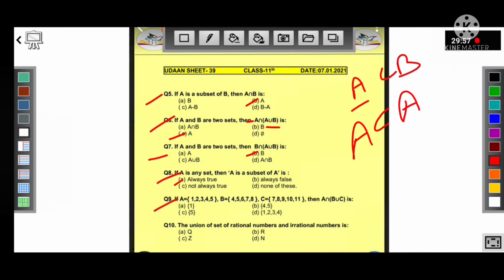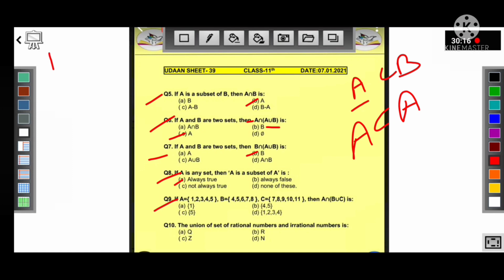Next question number 9. If A = {1, 2, 3, 4, 5} and B = {4, 5, 6, 7, 8} and C = {7, 8, 9, 10, 11}, then A intersection (B union C) is.